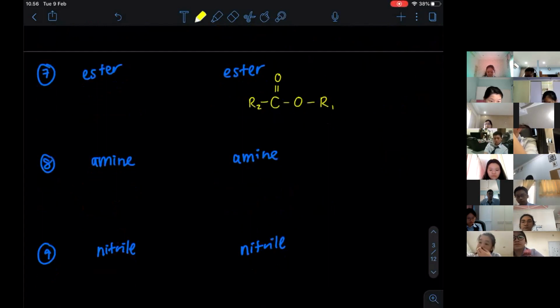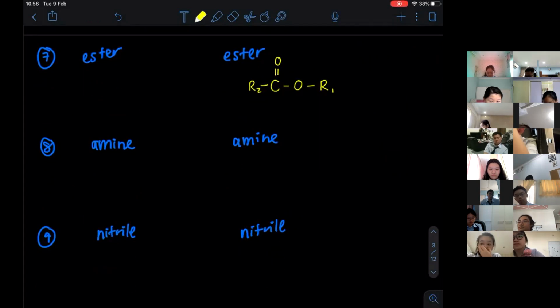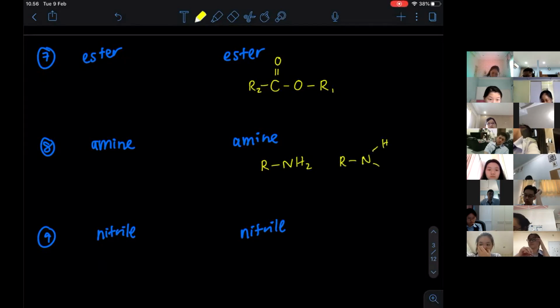Yeah, amine. We call it the amine group also. Anything that has R, then N, and then H2. Here you can see if I represent this as R, N, H, and H, it is the same thing. Nitrogen has a total of 3 bonds, like what I said just now.